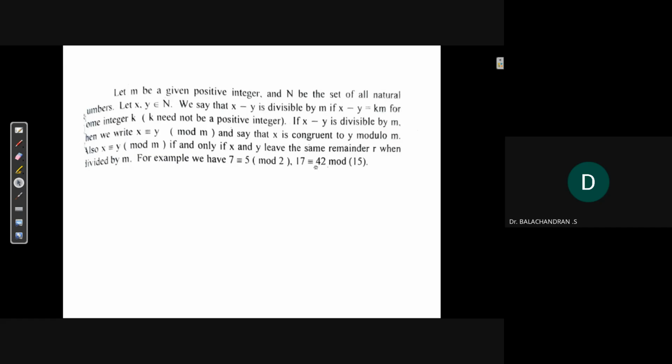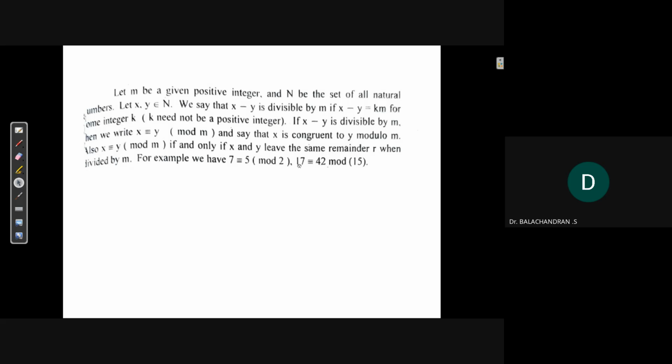Here it is a typo. 17 is congruent to 32 mod 15, because if you divide 17 by 15, the remainder is 2, and if you divide 32 by 15, the remainder is 2. Or instead of 32 you can take 62. If you divide 62 by 15, the remainder is 2.